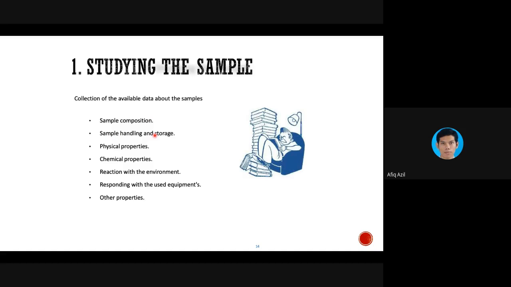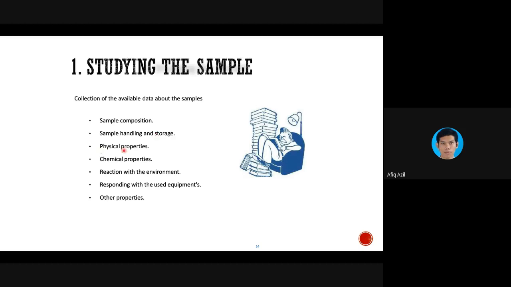And then sample handling and storage. So how the sample should be handled. Like I said earlier, if something is light sensitive, you have to put it in an amber bottle. You cannot use normal clear glass. And storage, whether it needs to be below 0 degrees Celsius, or you can just put it in a normal fridge, or just at room temperature.